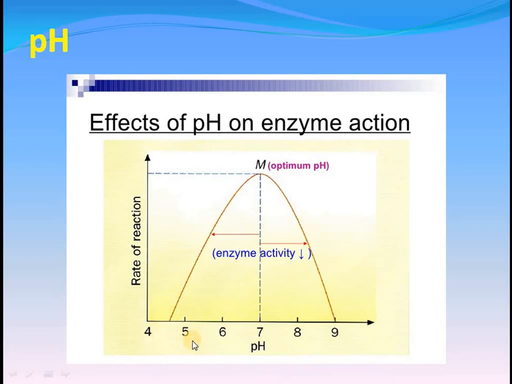But at pH 4 and 5 it just starts and is low. After reaching the optimum range, the rate falls again, because a greater hydrogen ion concentration changes the shape of the proteins.